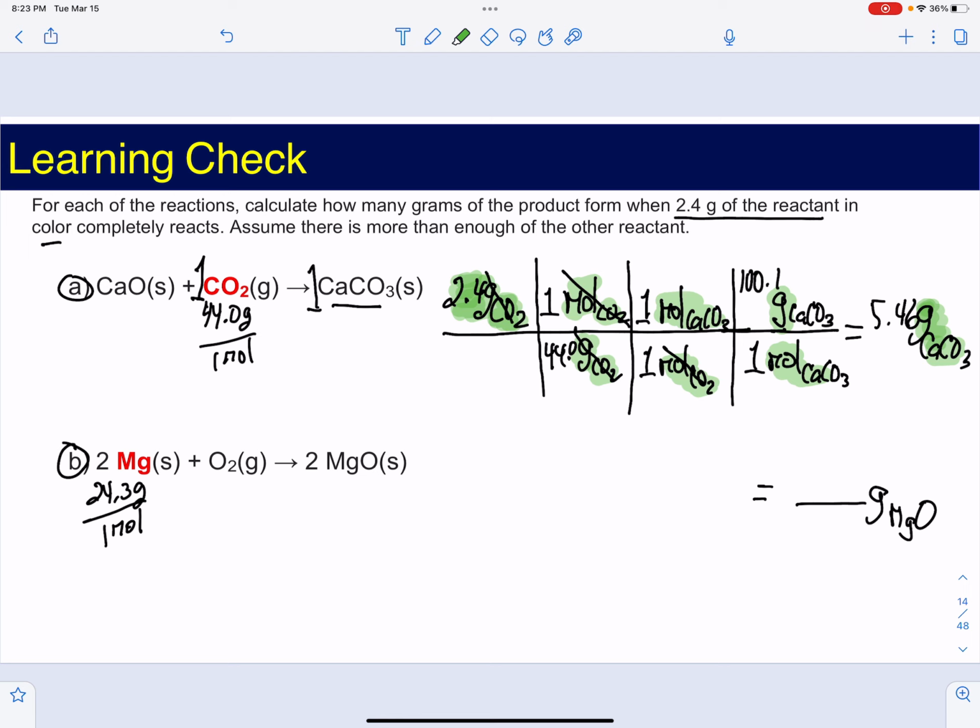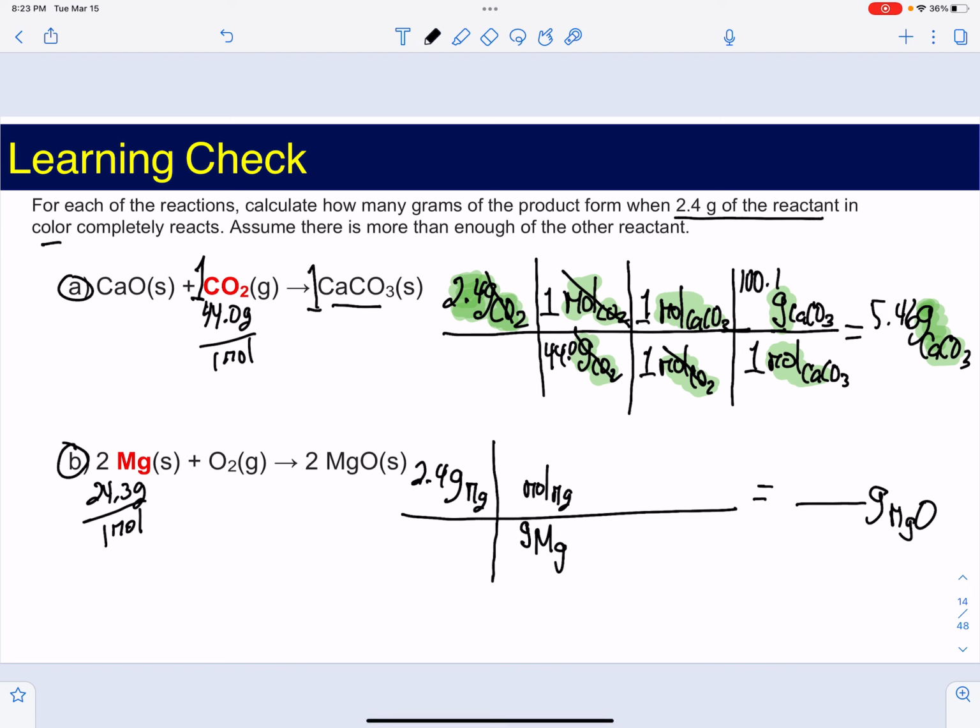So let's do the second one. If I begin with 2.4 grams of magnesium in this case, I do not want the grams of magnesium, because I'm looking for the moles of magnesium.